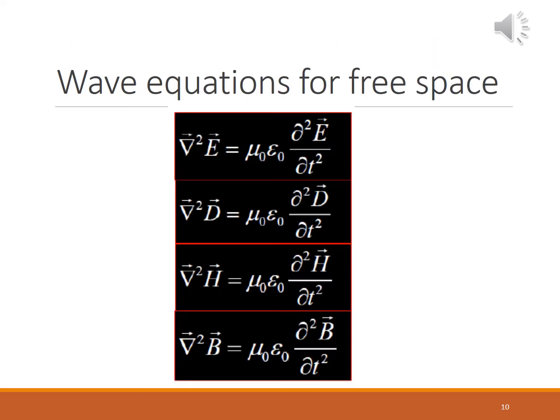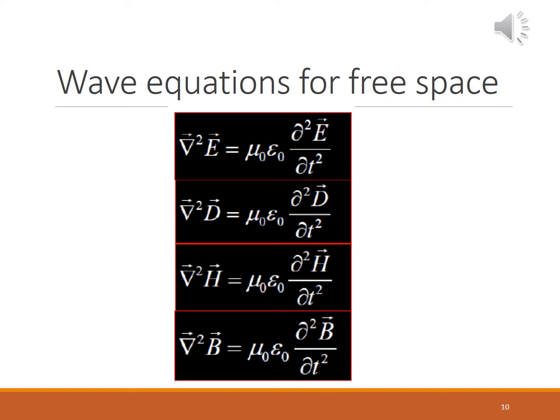Similarly, if you want to obtain the wave equations for free space, what is the difference? For free space also, sigma is equal to 0. And in place of mu and epsilon, for free space, epsilon r and mu r are equal to 1. So epsilon is equal to epsilon 0 and mu is equal to mu 0. We already know the expression for the lossless medium, where sigma was 0.